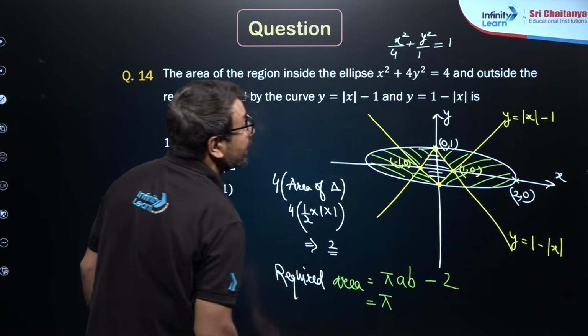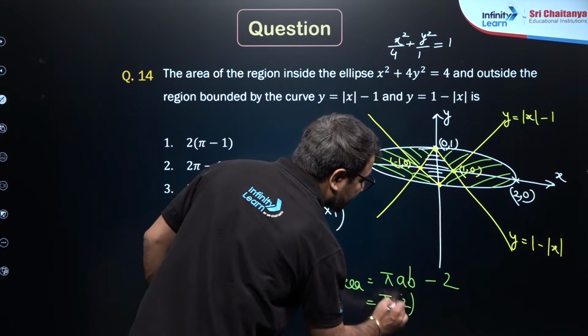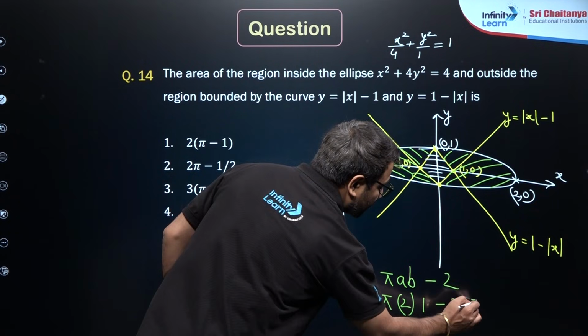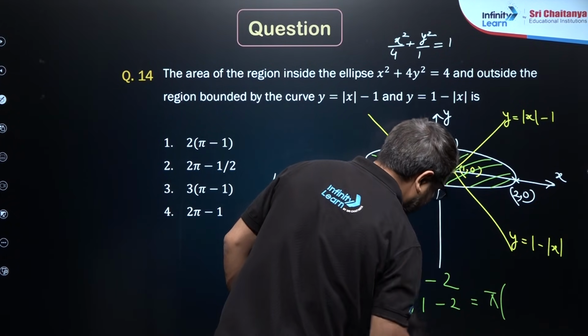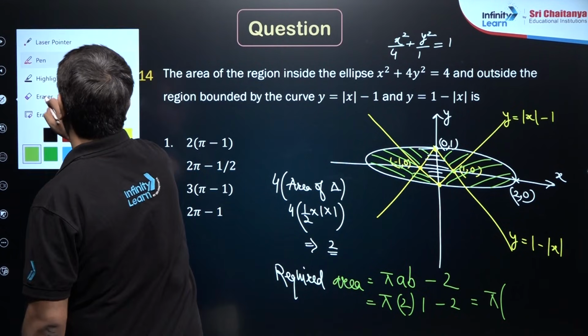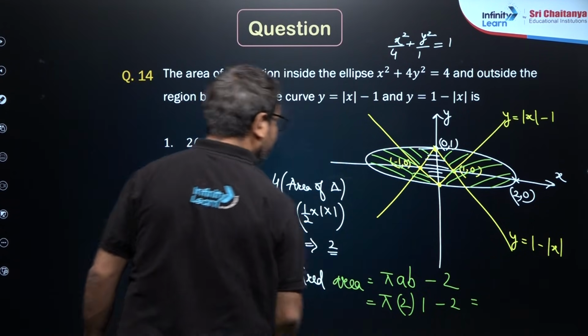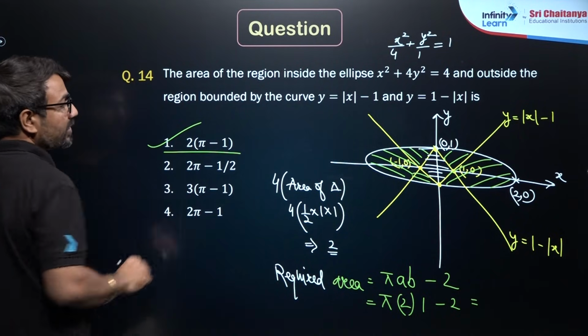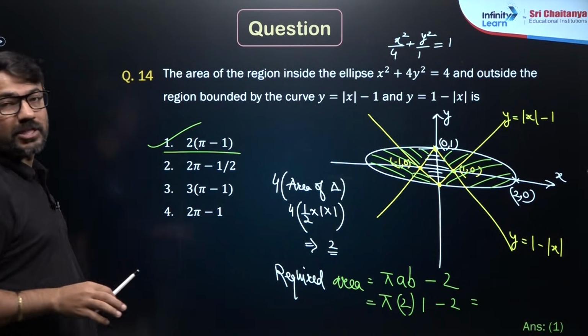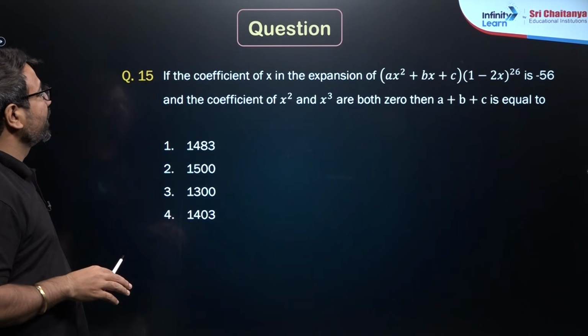Pi into a is 2, b is 1, minus 2. 2 pi minus 2. Sorry, pi you can't take common. 2 you will take common and then pi minus 1. 2 times pi minus 1 is given to us in option 1. That's why option 1 will be the final answer.